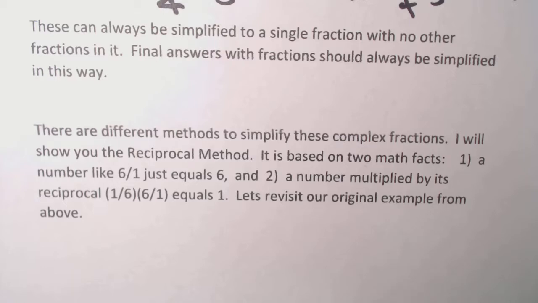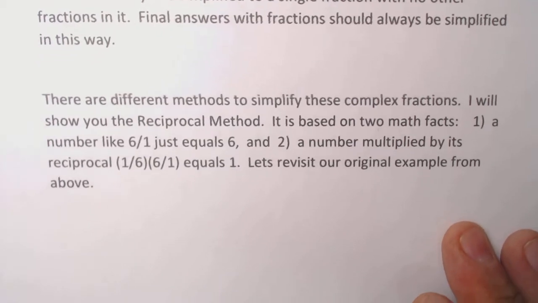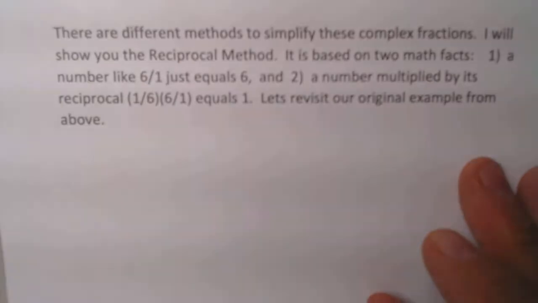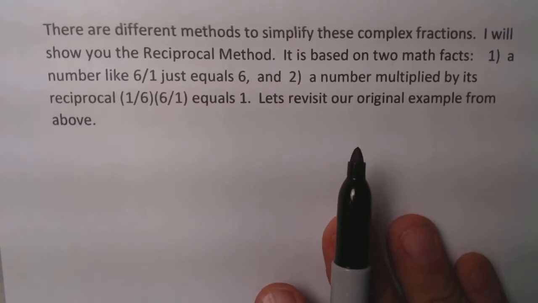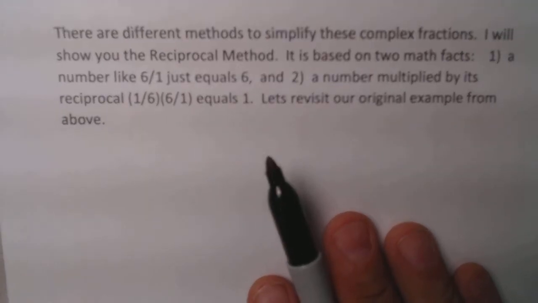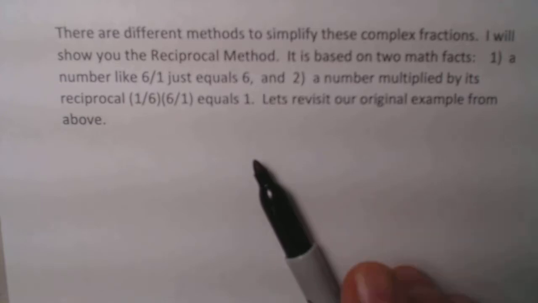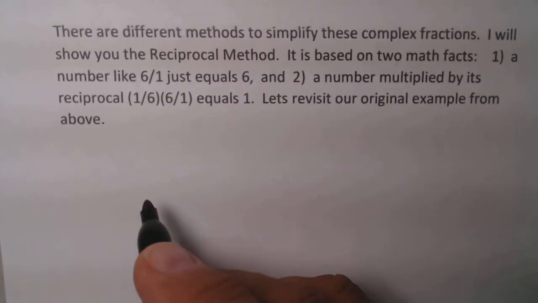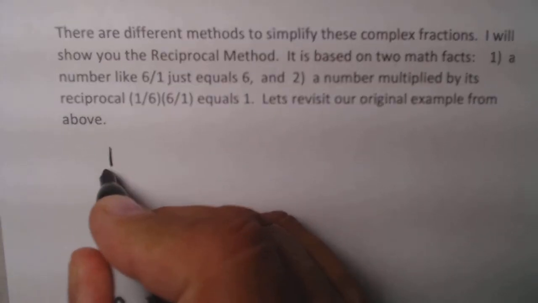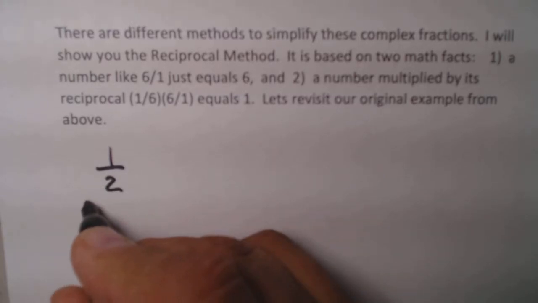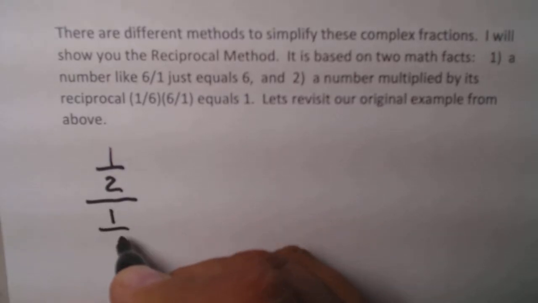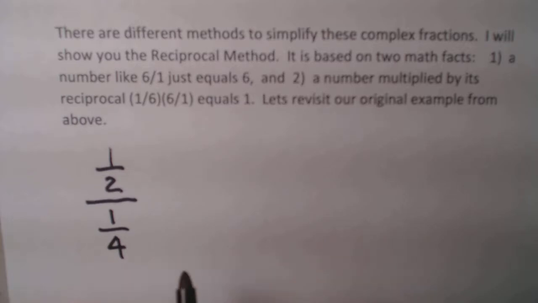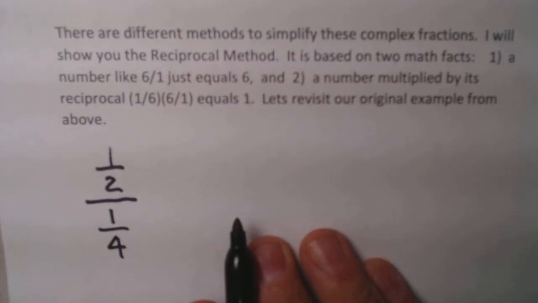Now, let's revisit our original problem that we had up above and show you how this method can be used to solve this. Okay, here we go. We had 1/2, and underneath it in the denominator 1/4. Well, here's what we're going to do.